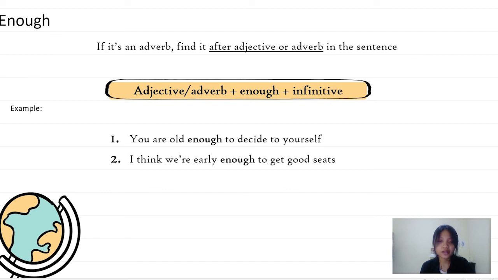So the formula is adjective or adverb plus enough plus infinitive. For example, you are old enough to decide for yourself. I think we are early enough to get good seats. Notice that in the sentences, enough comes after the adjective old, and the adverb early.